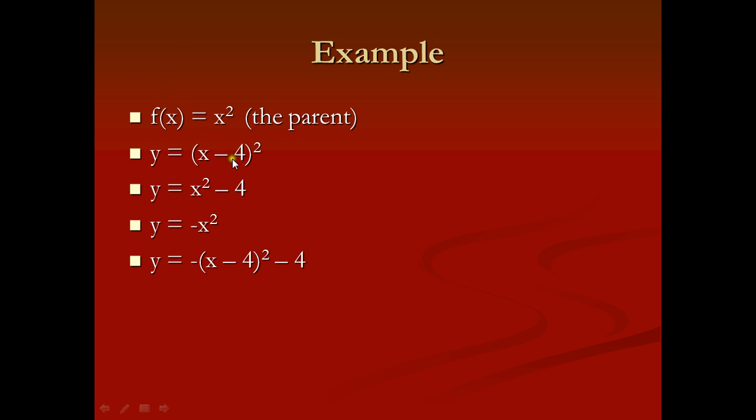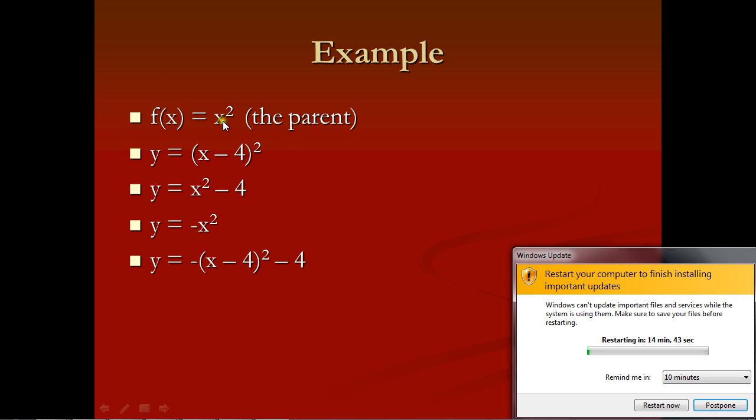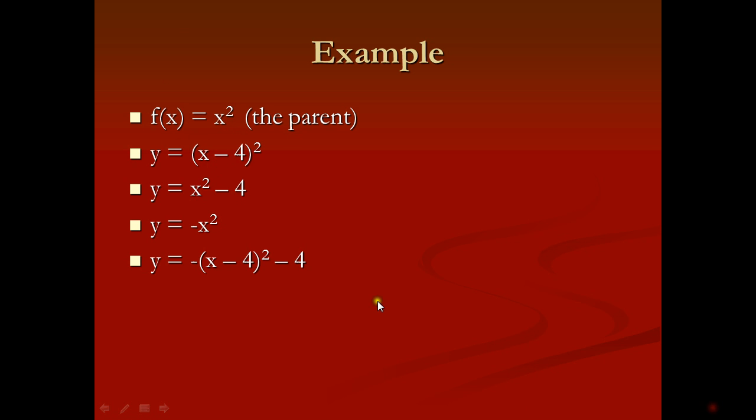All right, so we're subtracting 4 inside the parentheses, with x. So minus a 4. That's the h value in with x, and that moves opposite from how it looks. So this is going to wind up moving us 4 to the right.